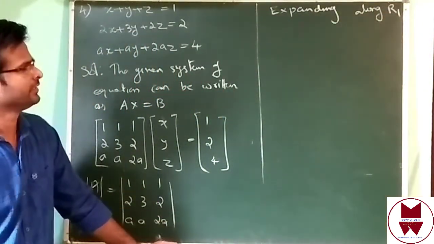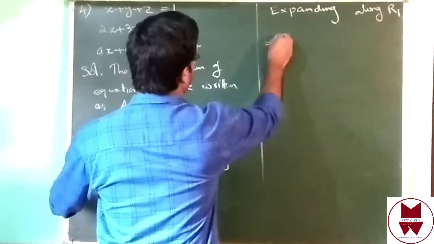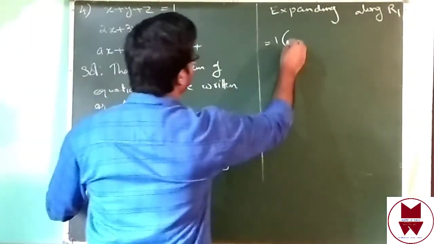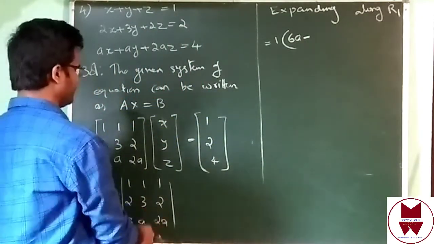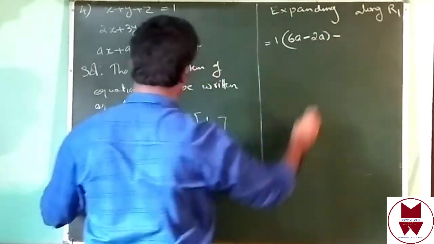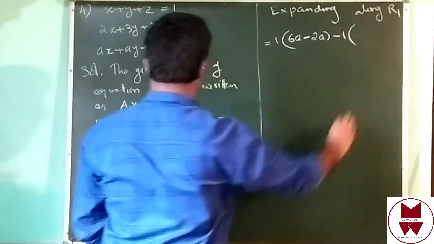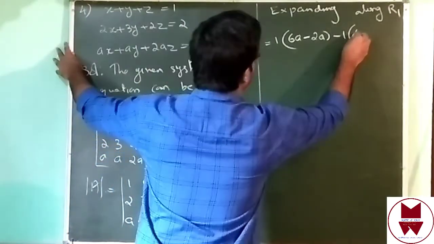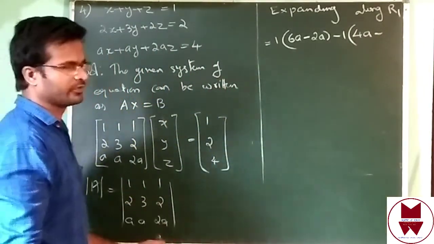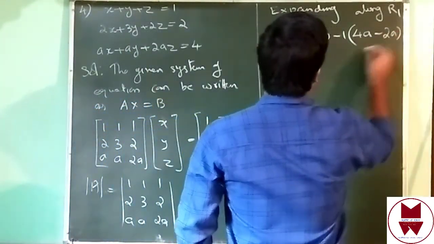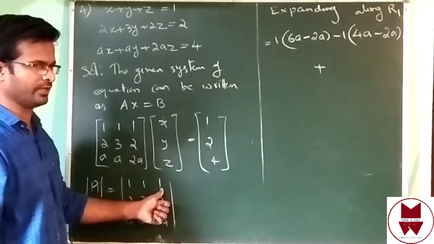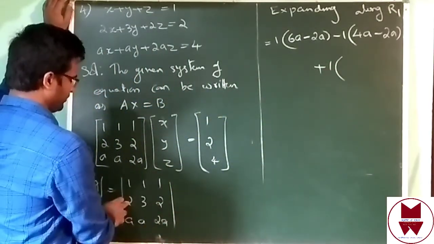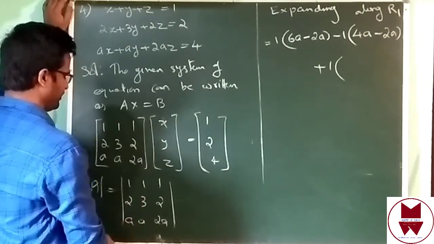Then 1 into, delete the first row and first column, 3 into 2, 6a, minus a into 2, 2a, minus the second number 1 into, delete the first row and second column, then the remaining 2 into 2a, 4a, minus a into 2, 2a, plus the next number 1 into, first row and third column, then 2a minus a into 3, 3a.